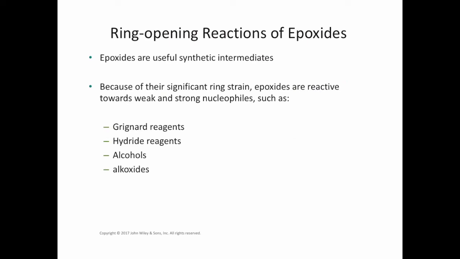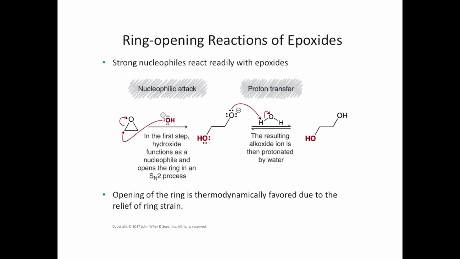Epoxides are useful because we can have a variety of nucleophiles attack them, such as Grignard reagents, hydride reagents, alcohols, and alkoxides. So a ring opening reaction will occur in the presence of a strong nucleophile. For example, if we have hydroxide, it's going to attack one of the 2 carbons of the epoxide, and then that carbon-oxygen bond breaks and we open up the ring.